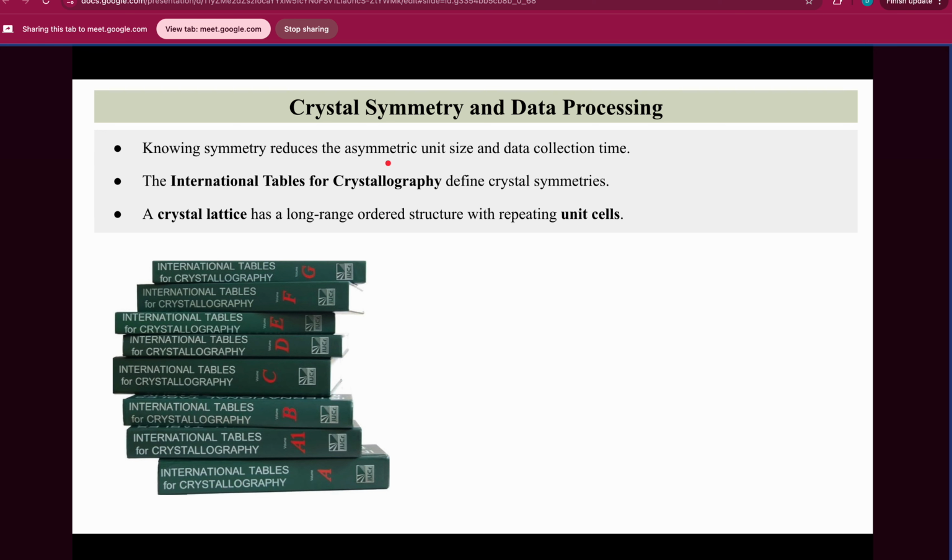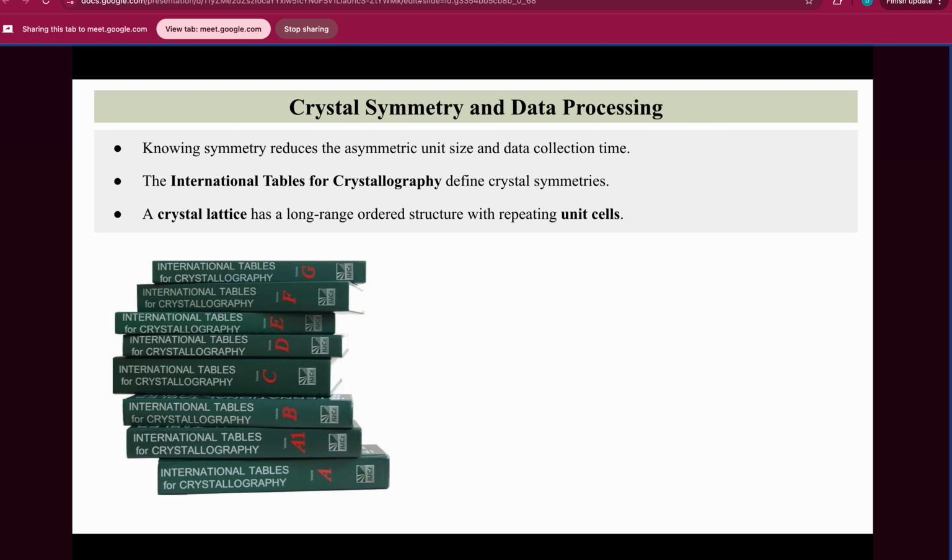Knowing the symmetry reduces the asymmetric unit size and the data collection time. Because, as I have said, if you know exactly what the smallest repeating units are, you do not have to perform multiple operations. If you get the idea of how the atoms are arranged in the asymmetric unit, then by performing symmetry operations, you can work out how the other units will be arranged.